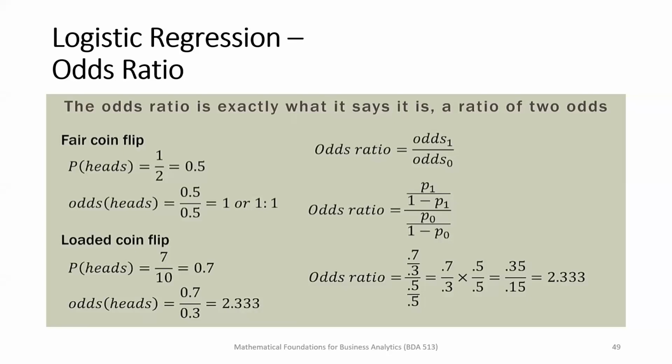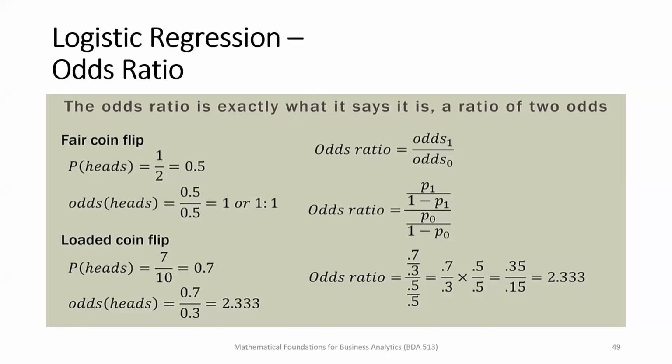The first one is dealing with a fair coin flip, and the second one is a loaded coin flip. These are two different things. So here the probability of having heads is 7/10, and then the odds in this situation will be 0.7 over 1 minus 0.7, which is 0.3.